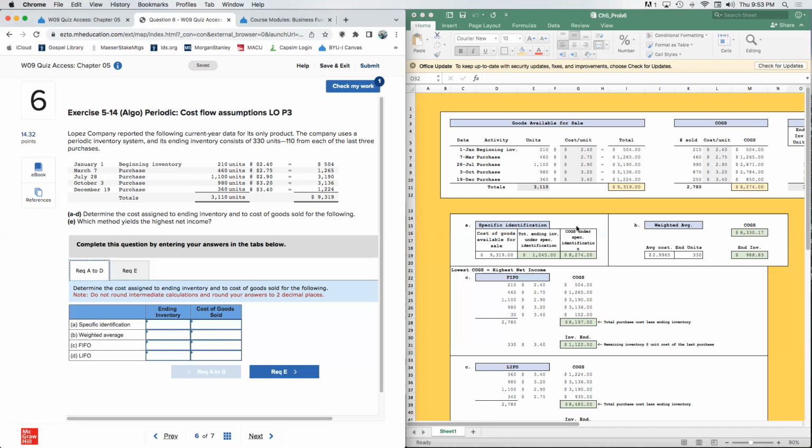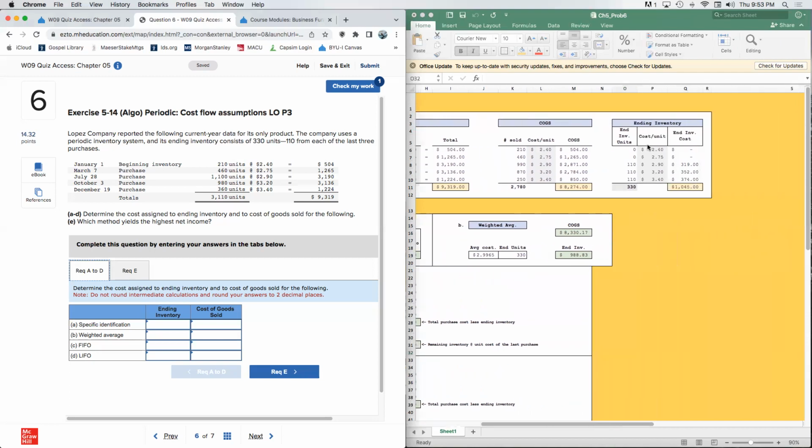And so basically from that chart, we can determine, actually, let's back up really quick. Again, we need to remember, don't forget to read the problem. We know the ending inventory consists of 330 units, 110 in the last 3 purchases.